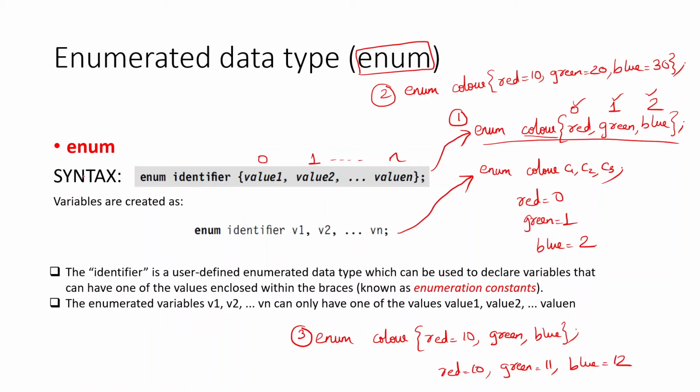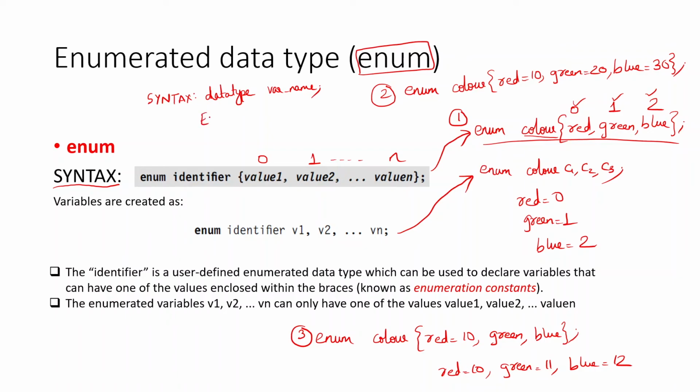And this word, I hope you know this word, syntax. Syntax means the format by which you have to use various commands or keywords. For example, to declare a variable, I have to write data type, space, variable name, semicolon. This is the syntax for declaring a variable.